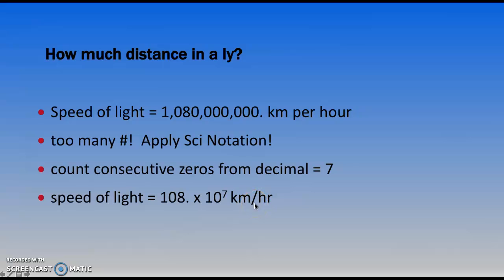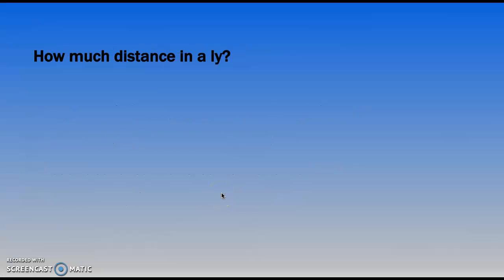We can make it even easier and put it between 1 and 10 for the factor. So if I have my decimal point here, I could get to 1.08 by sliding that decimal point to the left 2 more places, and then I'd add 2 more places to the exponent. So I am thinking 1.08 times 10 to the 9th.